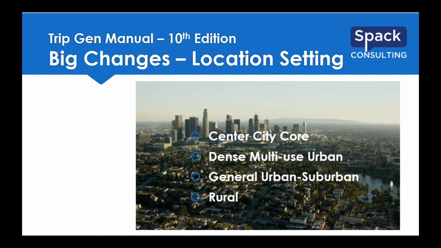And this is awesome because we've done traffic studies for Walmart in a smaller town where, to get the trip generation that is expected, nearly everyone in town would need to show up on a daily basis. Obviously that's just not going to happen. So center city versus these different categories can make a huge difference. Yeah, I echo that. This is just a great change.